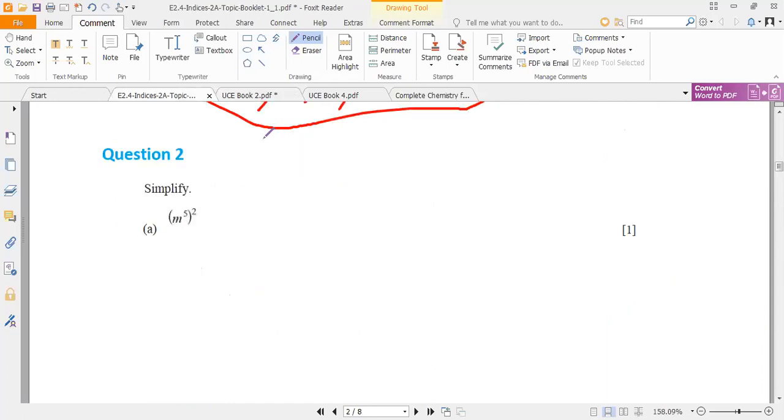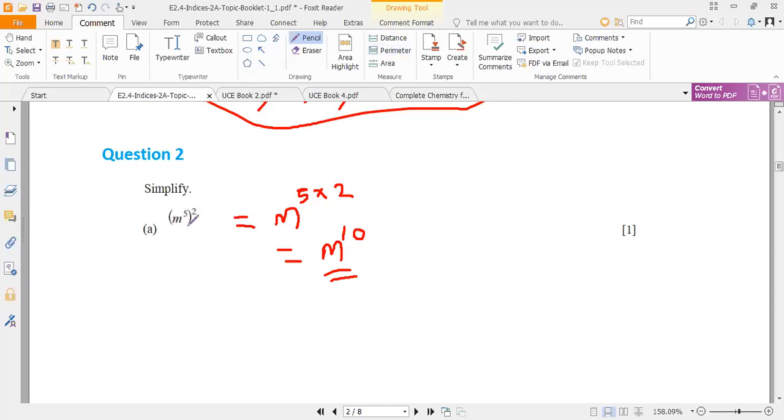So the solution will be m to the power of 5 times 2, which is 10. That is the answer. Very simple.